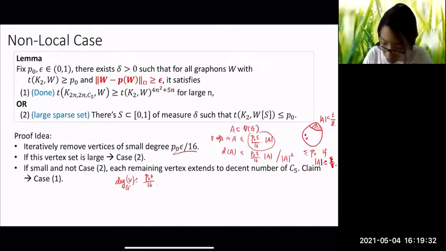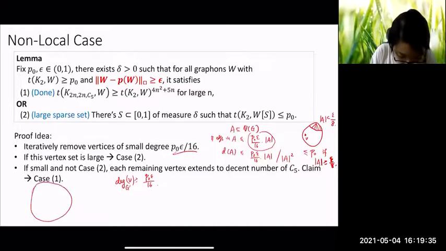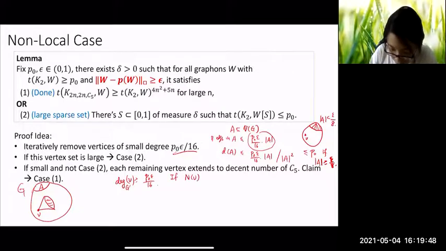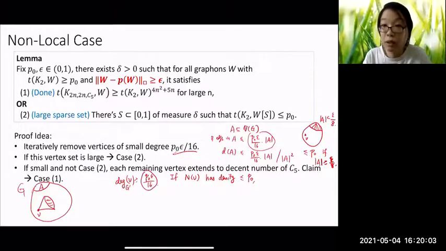Here is G, and this is the set A we removed, and this is a vertex V, which has the neighborhood of V. If the neighborhood of V has density smaller than P0, then we are also done, because we are in case 2 again, where delta equals P0 epsilon over 16. So we're done in 2.